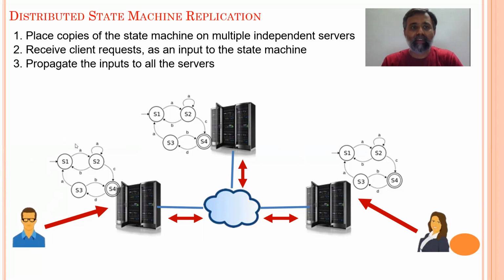And place this state machine model at all the independent servers. Receive the client request as an input to the state machine and propagate the inputs to all the servers. Suppose this input is received by this server, then it will propagate to all the servers.